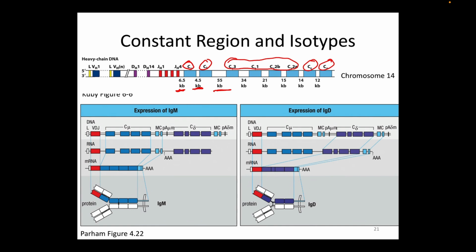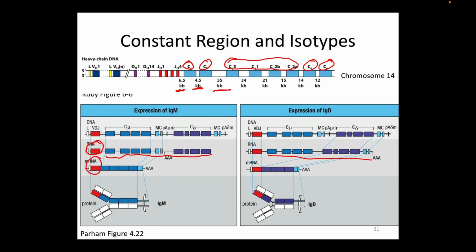And so when we look at what the RNA looks like from this situation, we will see we have an RNA that has the VDJ join region. You can also see that RNA here. And then it has the information for C mu and C delta.